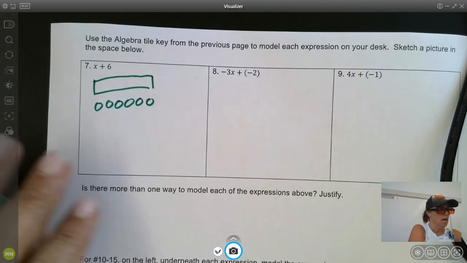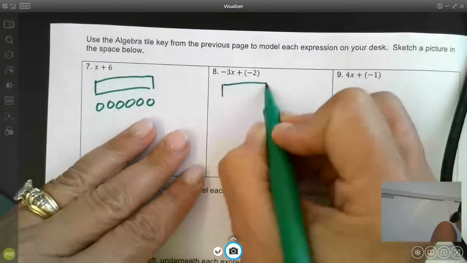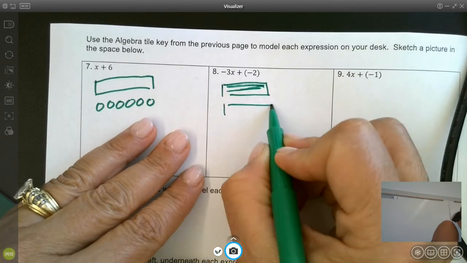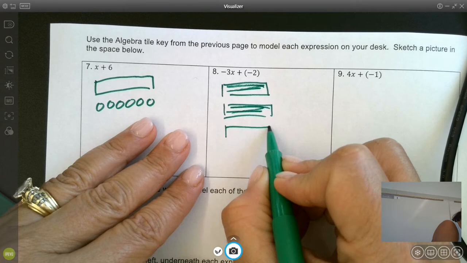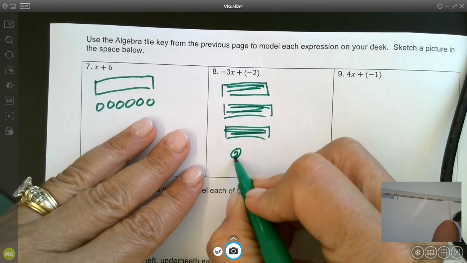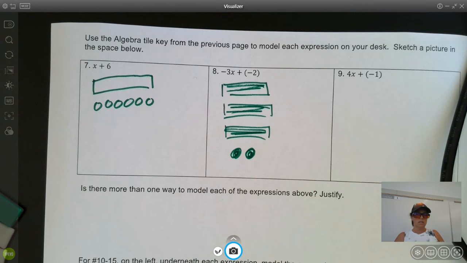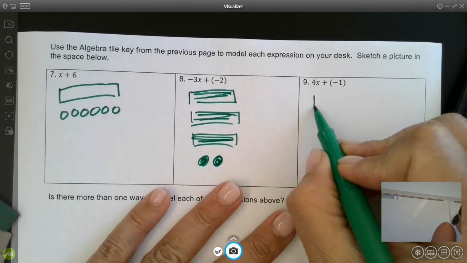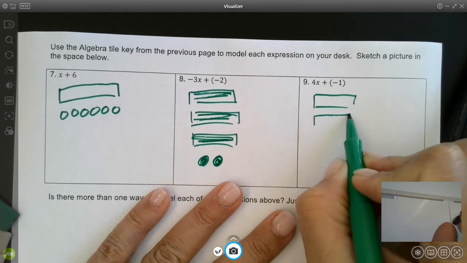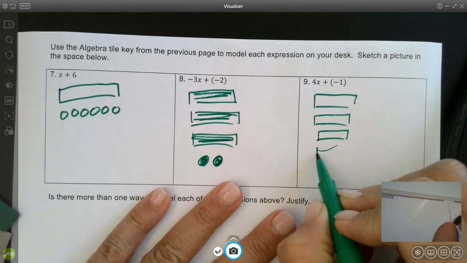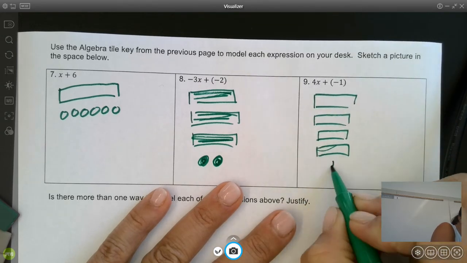All right, 3 negative X's and 2 negative units. Remember I am sticking with shaded in means negative, not shaded in means positive. This guy, 4 x tiles, 1, 2, 3, 4, and 1 negative tile.